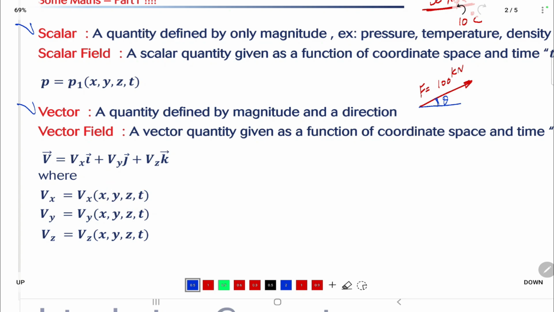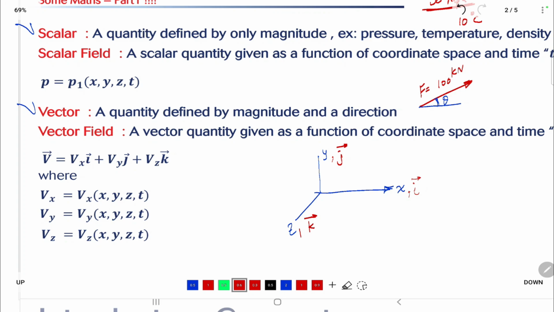x, y, z are the Cartesian coordinates. It is like this, x, y, and z. And with each component, or with each direction, with x, we have I. And j will be with y, while k will be related to z.